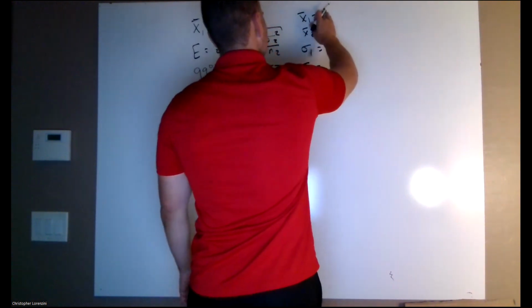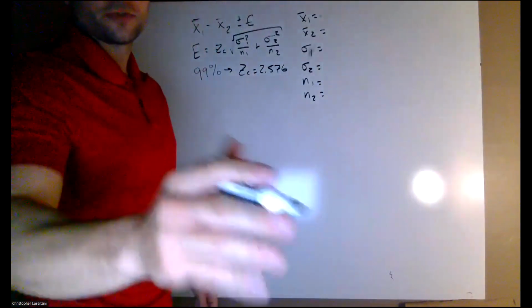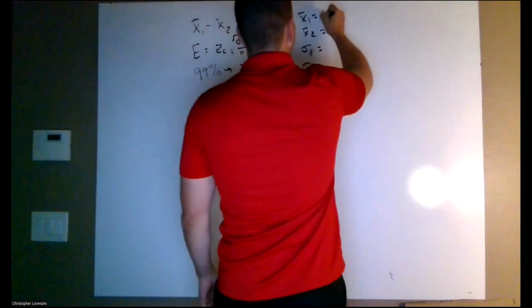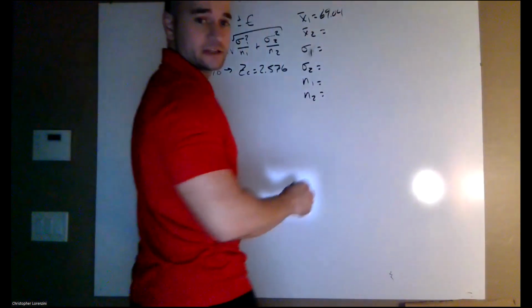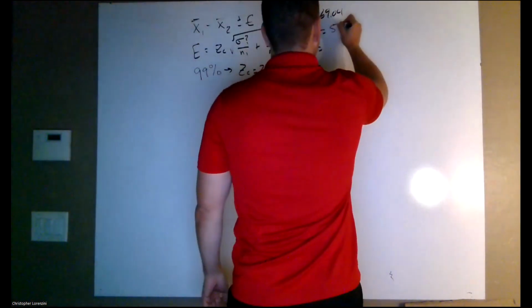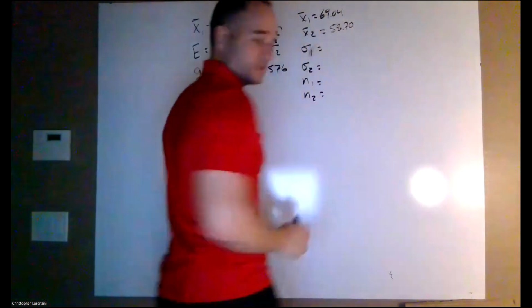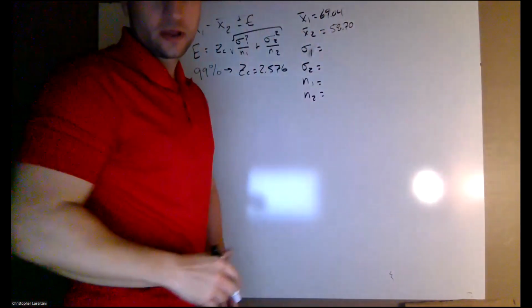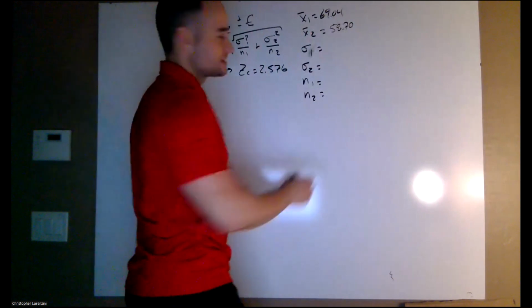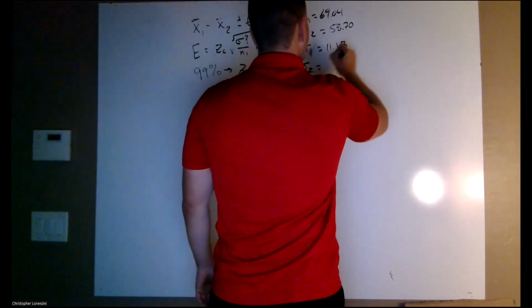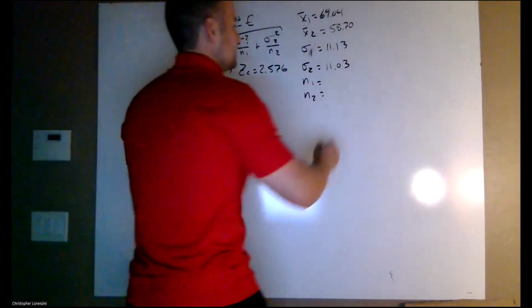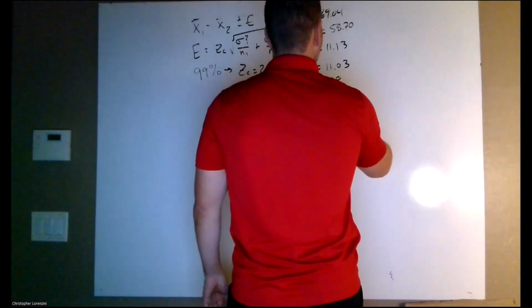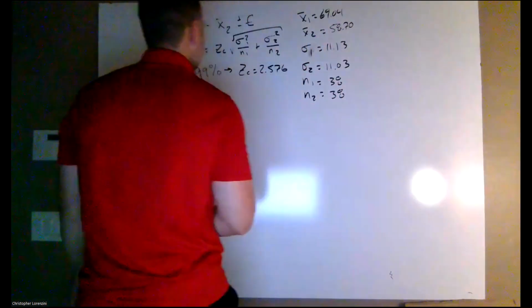Those are all the values I need in order to solve this. So x1 bar is 69.04, x2 bar is 58.70. I've got sigma 1 is 11.13. I've got sigma 2 is 11.03. Both sample sizes, in this case, were 38.